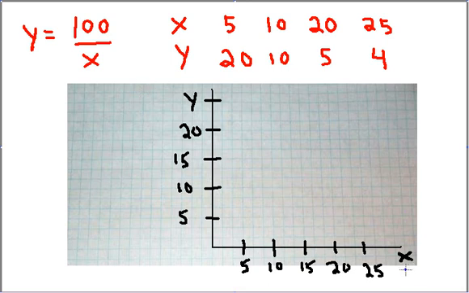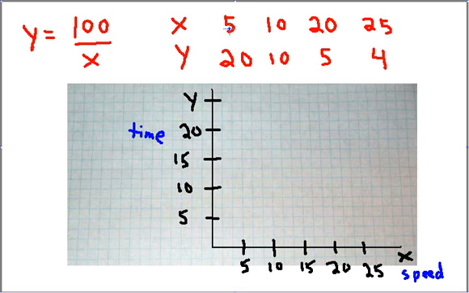So our x down here represents speed. Then our y-axis here represents time. So our x represents the speed and our y represents the time.